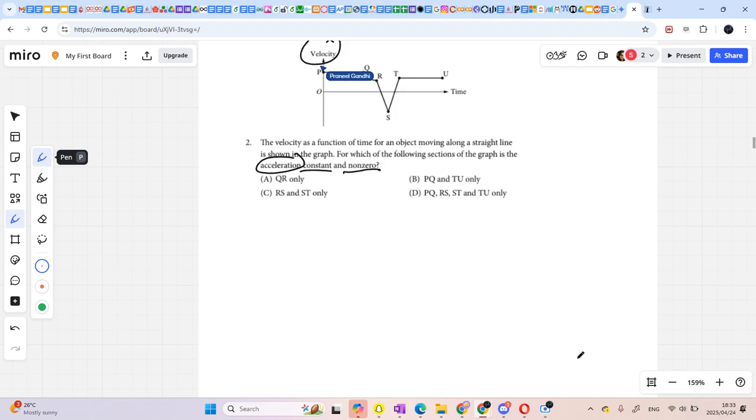So it's not just a straight horizontal line. Using that, the only times where the velocity graph is linear and also changing are between R and S, and S and T. And so from that, we get that the answer should be choice B, RS and ST only.